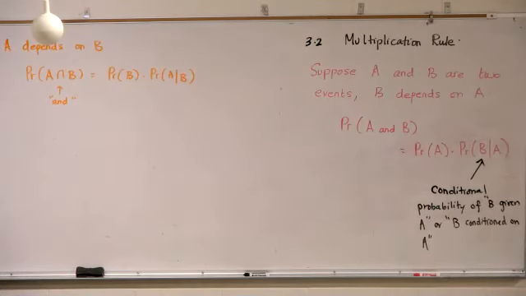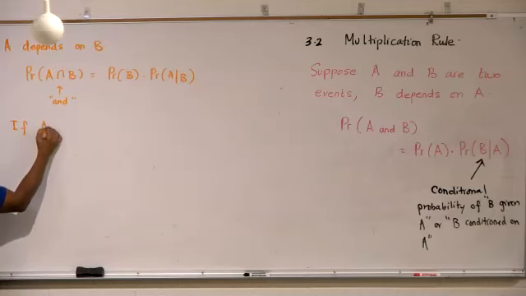What would happen if A and B had nothing to do with each other? How would you rewrite this? Wouldn't it just be the probability of A times the probability of B? It would be.